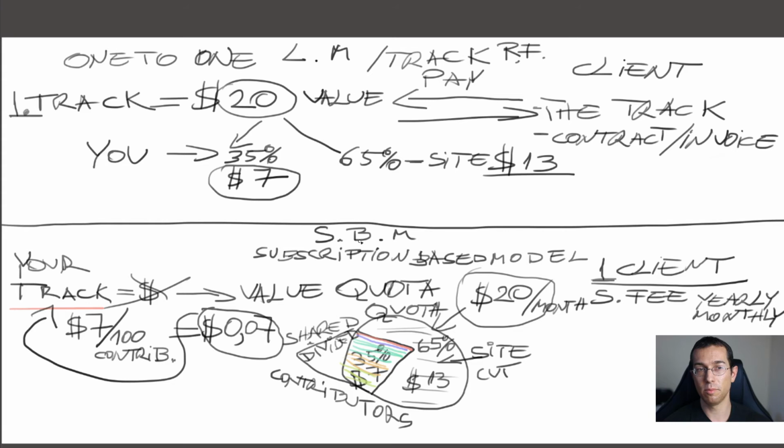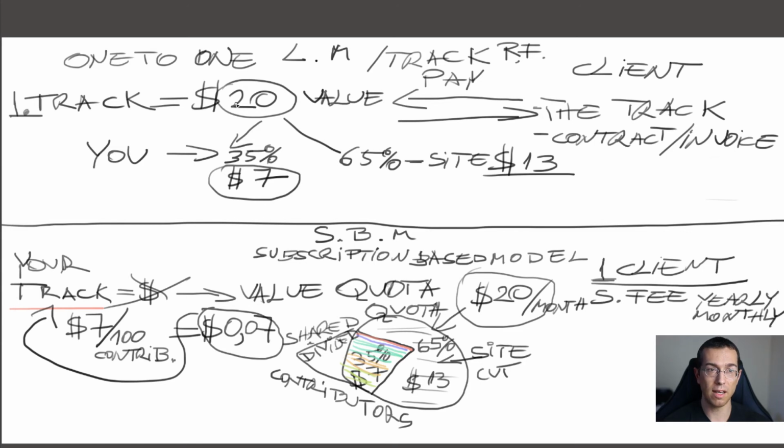In the subscription-based model, your track doesn't have a price. It's not priced. A client subscribing on these subscription-based models is paying a monthly or yearly fee, and for that he can have unlimited downloads. So your track is not counted in value of money.